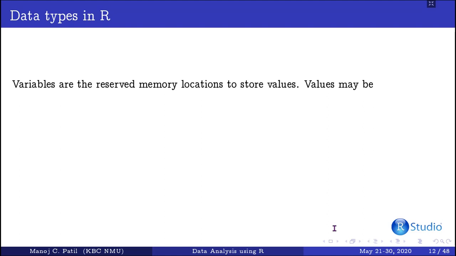Data types. Variables are reserved memory locations. What are variables? Variables are just reserved memory locations to store values. For example, we have used x equals 2.3. Then x is the variable, x is the reserved memory location, and 2.3 is the value. So we are going to store the value 2.3 in the memory of the computer, and we name that memory location x.